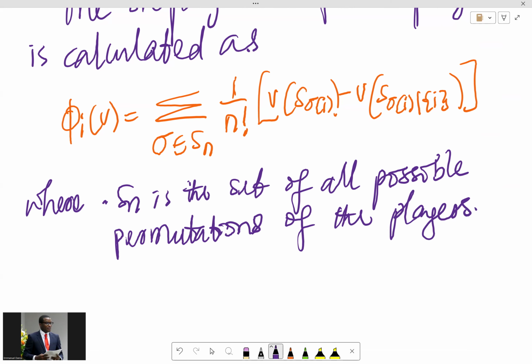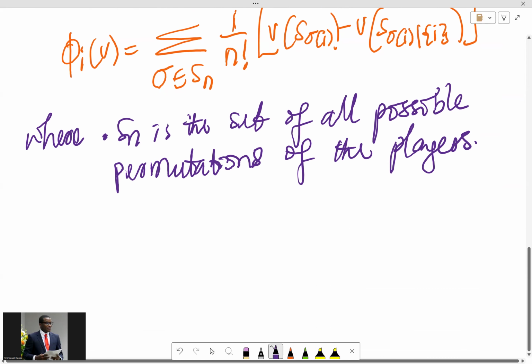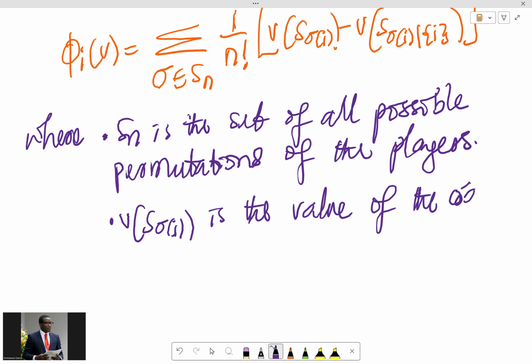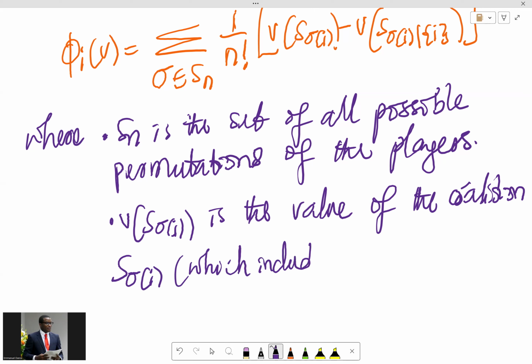Then we have v of S_sigma,i, which is the value of the coalition S_sigma,i, and this includes player i.